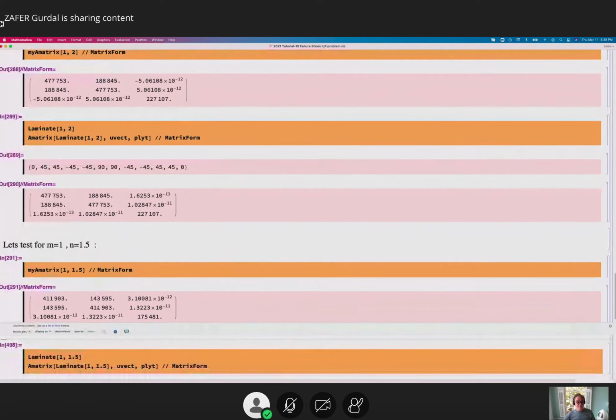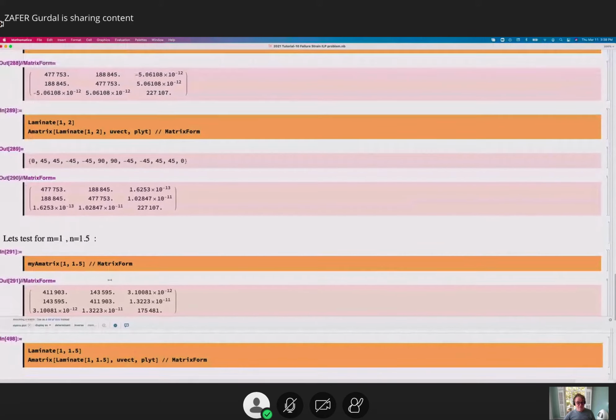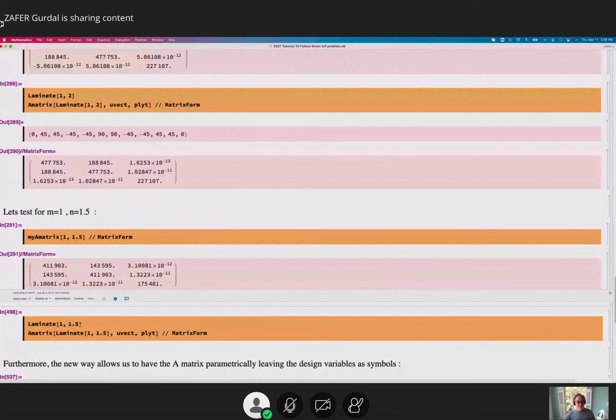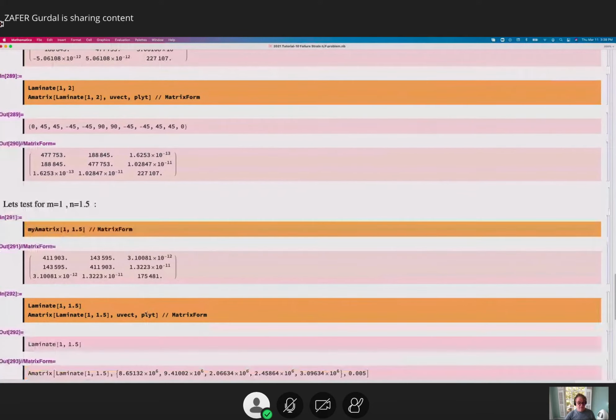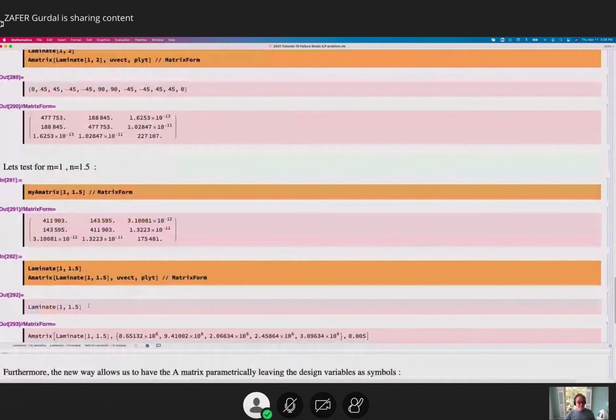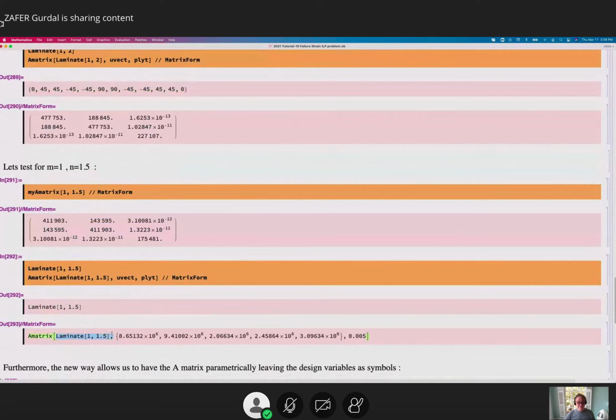The better way to perhaps show that would have been to use m equals 2, n equals 1 first. But the original way of creating a laminate and then using that is not going to work, because laminate 1,1.5 doesn't produce a laminate. If it doesn't produce a laminate, you cannot compute its A matrix.